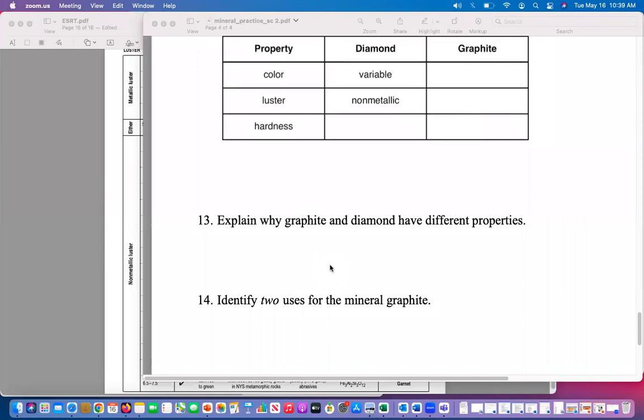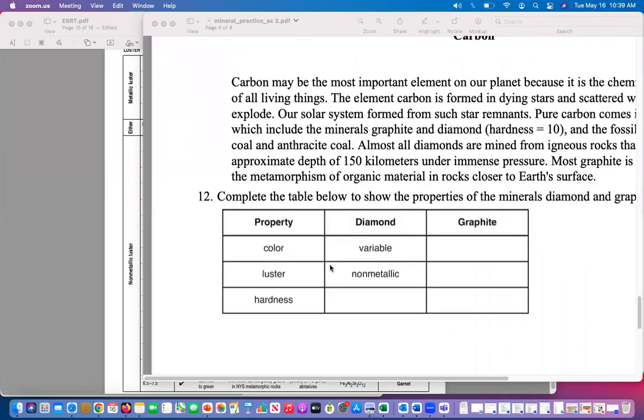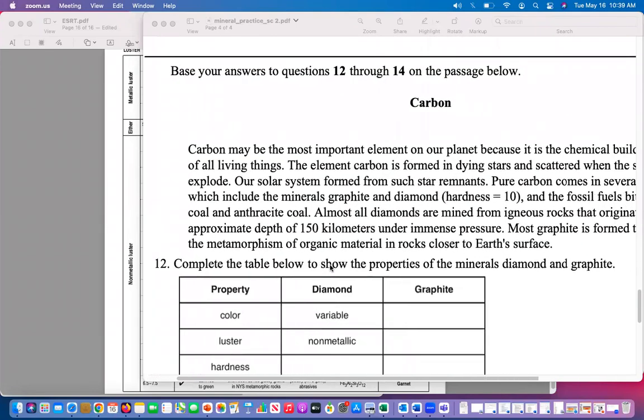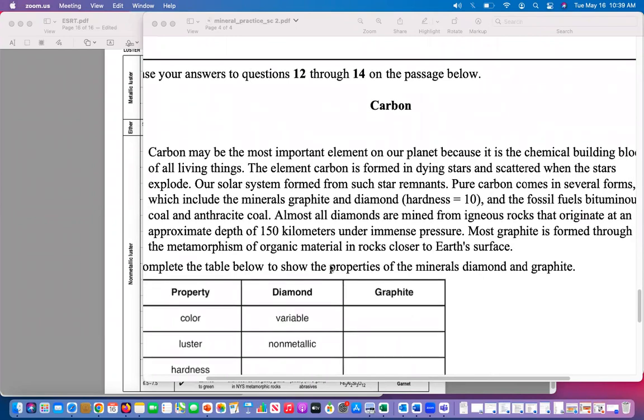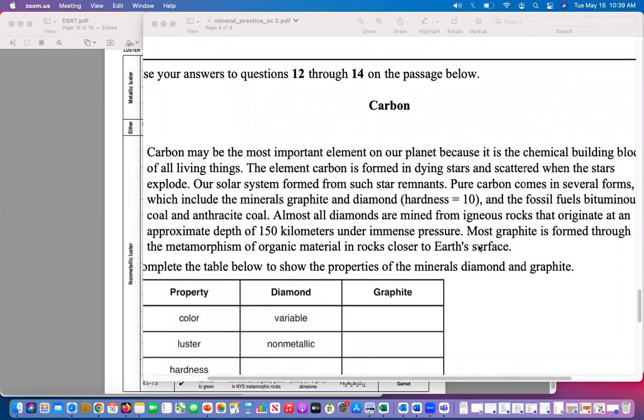Explain why graphite and diamond have different properties. When I'm reading, it says almost all diamonds are from igneous rocks, and graphite is formed through metamorphism of organic material in rock close to the Earth's surface.